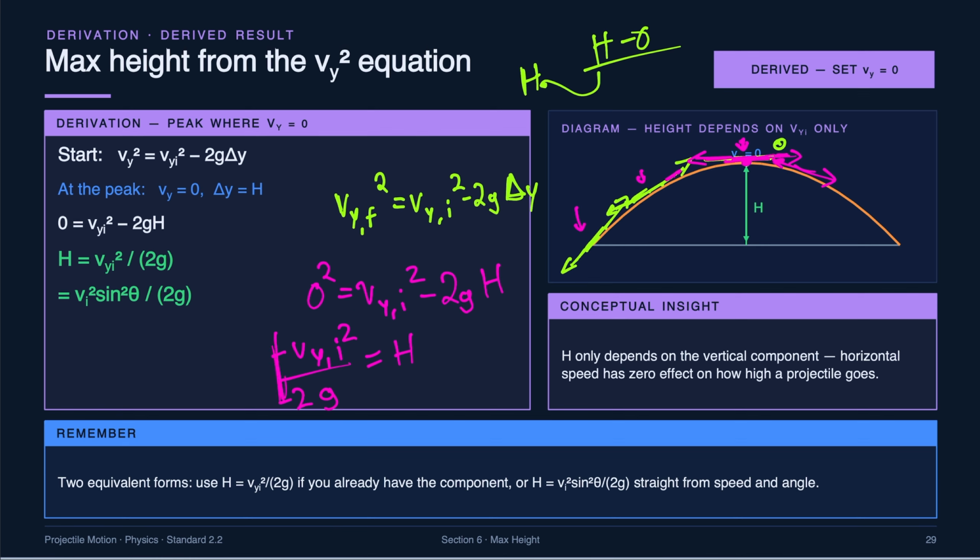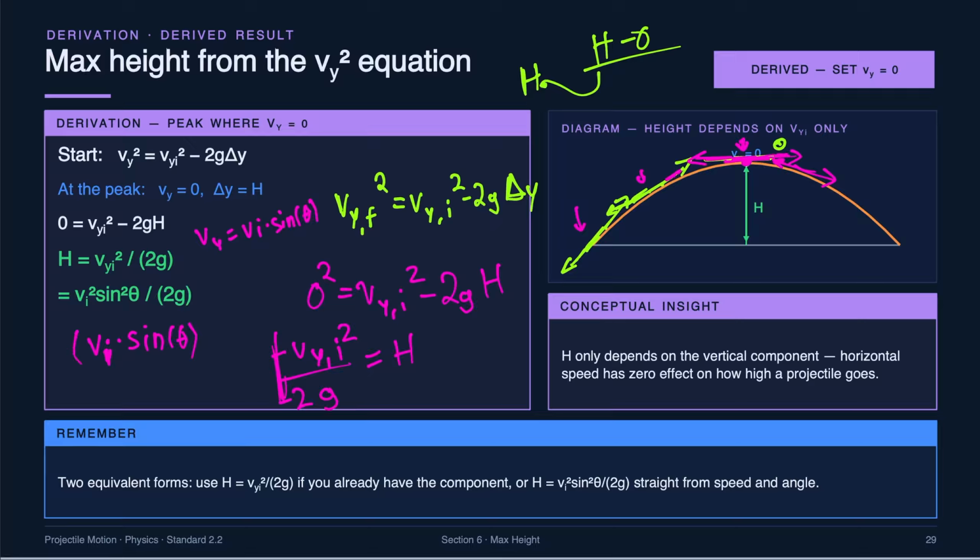So I can also write this as, instead of writing velocity y initial, velocity initial times sine theta, squared, right? Because they're both the same thing. Sorry, not velocity y, sorry. Velocity initial, because velocity y is velocity initial times sine theta. Okay? So velocity y is velocity initial times sine theta.